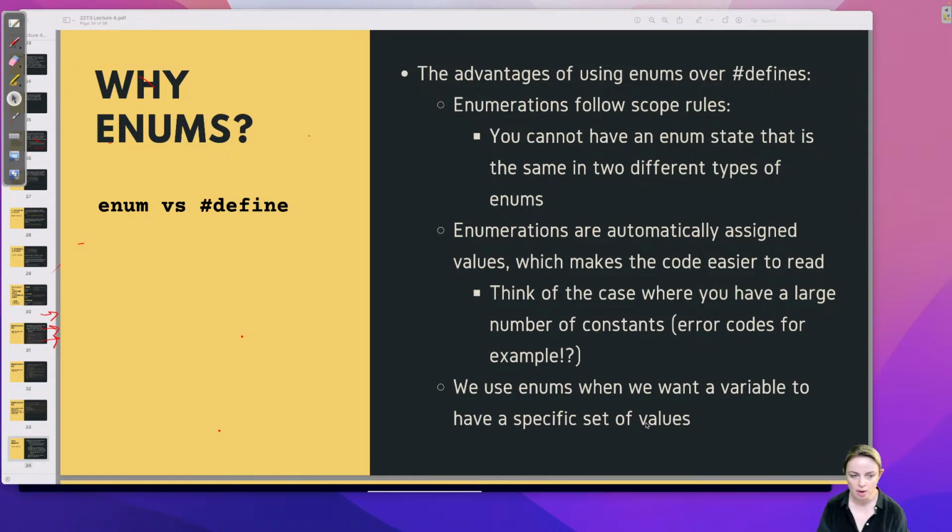So this is why we would want enums. They're automatically assigned values, and that makes the code much easier to read. We really just use them when we want a variable to have a specific set of values. Like in that lab question, the zodiac animals: you can do it without, but the zodiac animals don't ever change, so we might as well assign values to them as well.